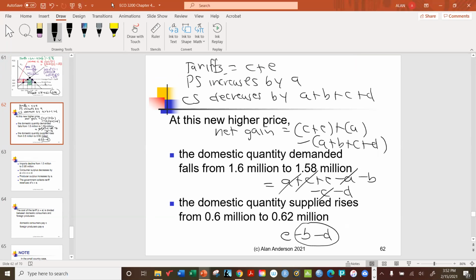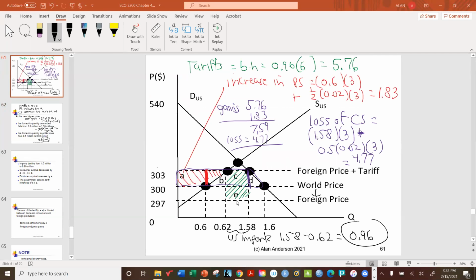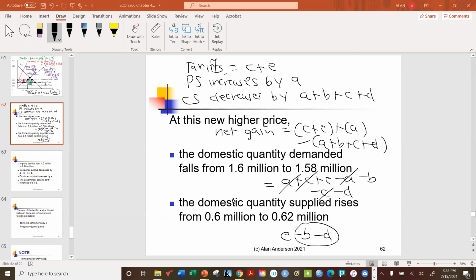Okay, so E is worth, let's try that. E is worth 3 times 0.96 equals 2.88.